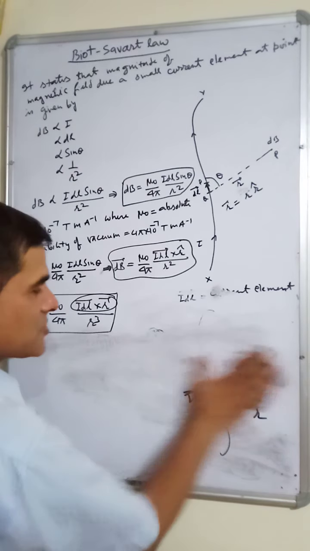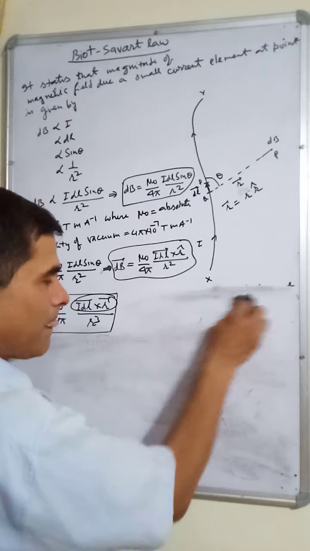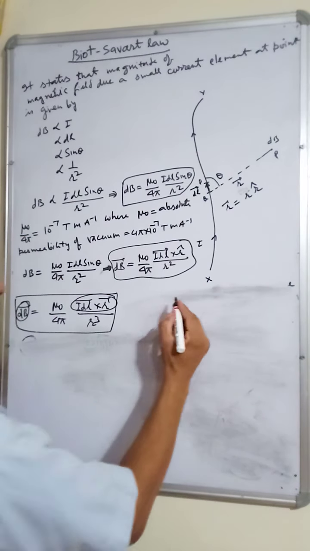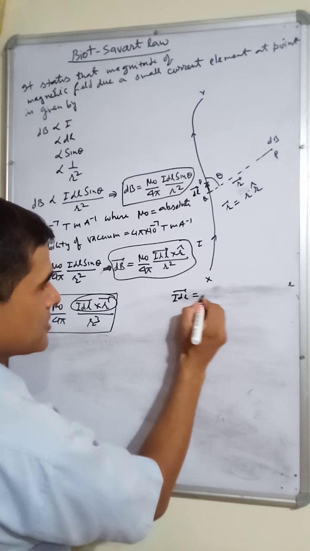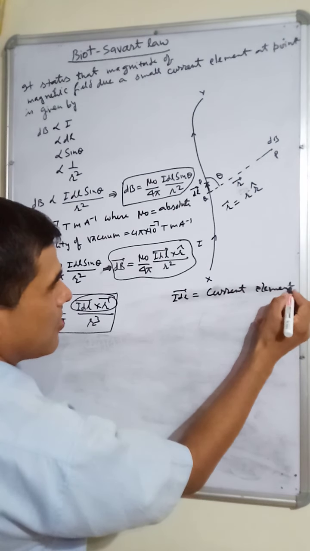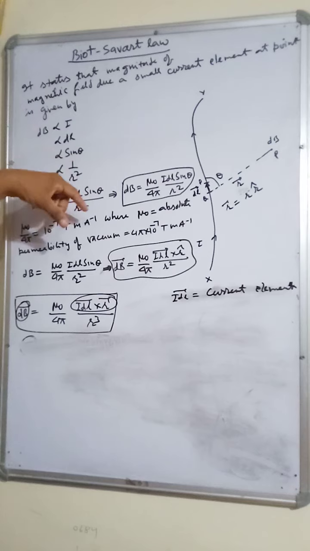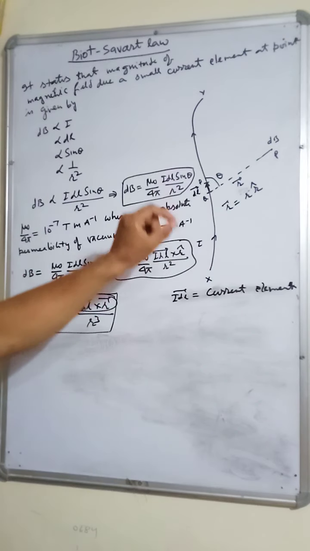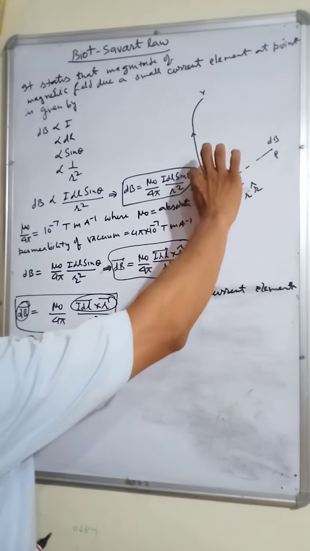So first of all, here you write Idl is the current element. Now what is the Biot-Savart law? Let us summarize. Biot-Savart law is used to find the magnetic field due to an infinitely small current element.